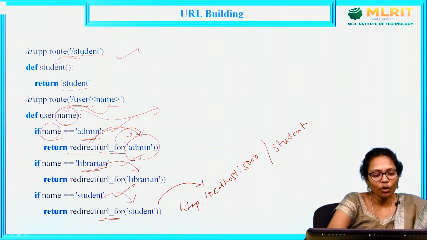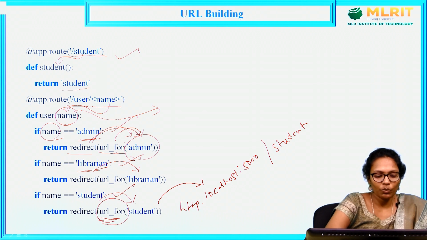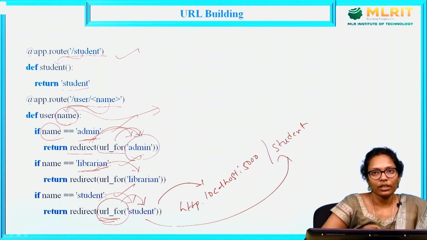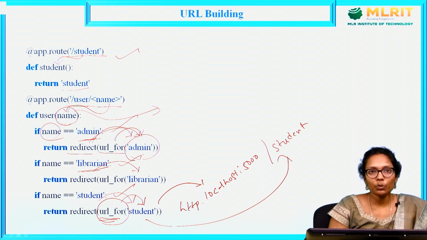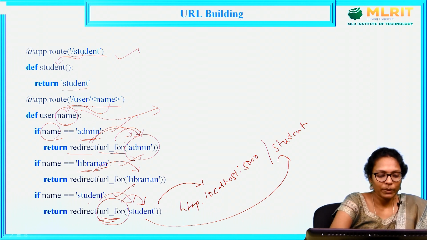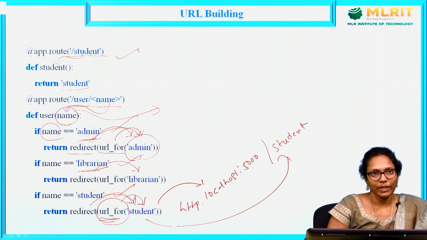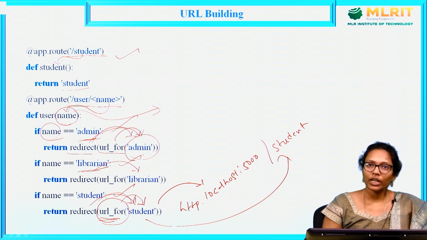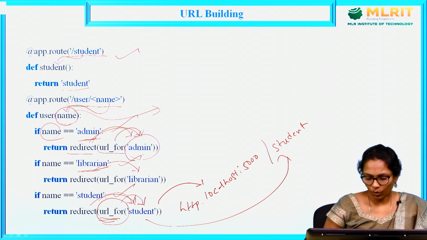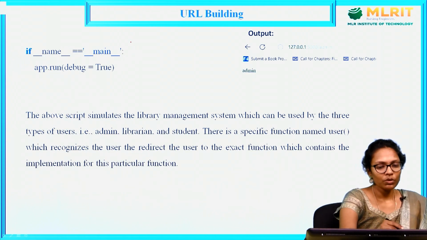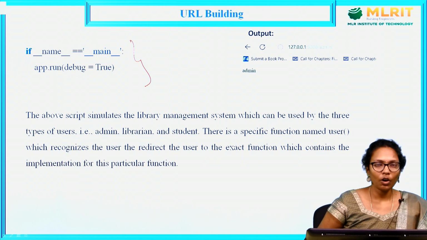I'm simply calling the function url_for for student, to build the URL. So whenever the name is student, it will be directly redirected to that page. In this way, you can use the url_for function to build URLs. It's not mandatory to write this in all applications.